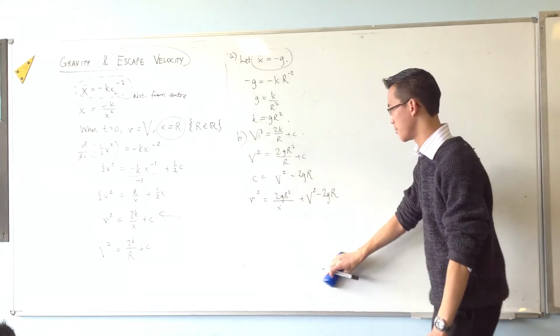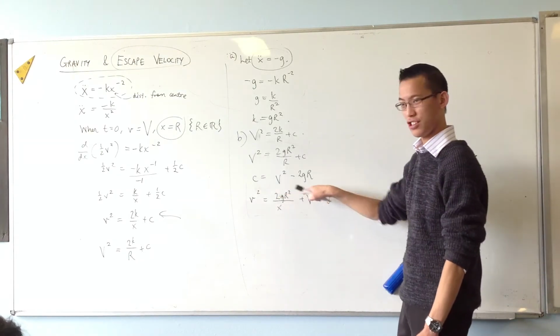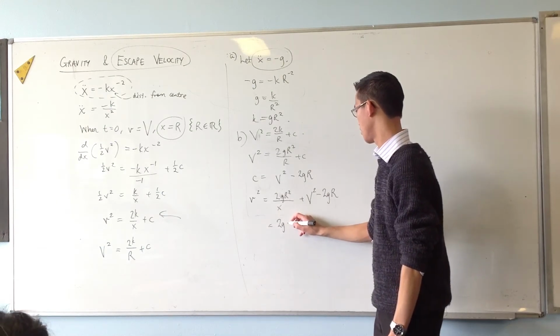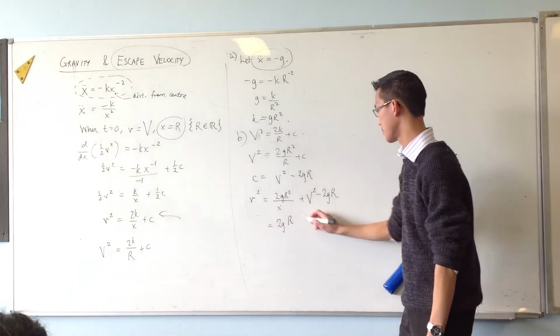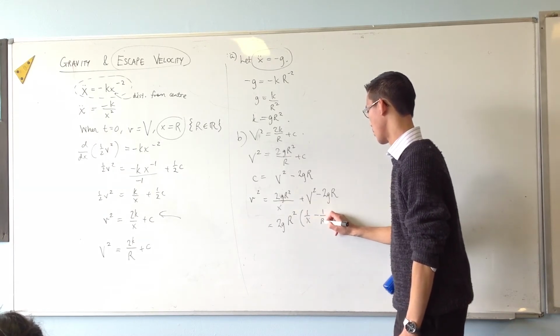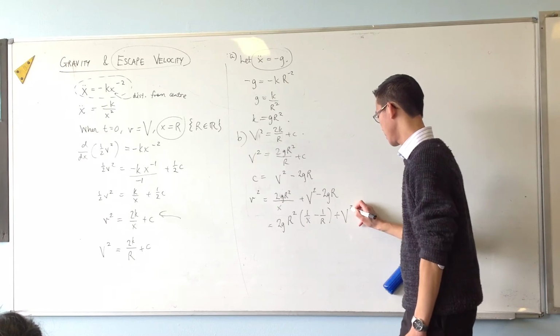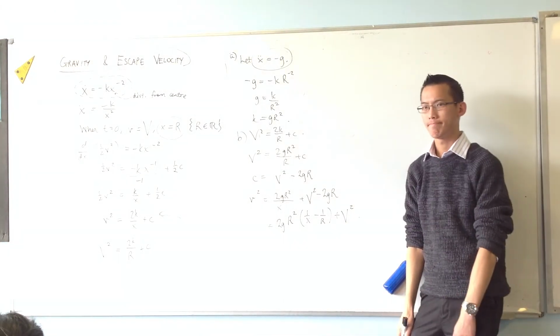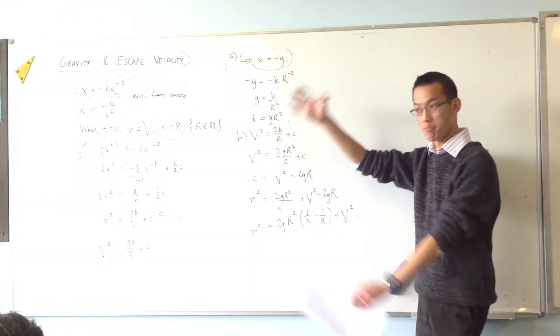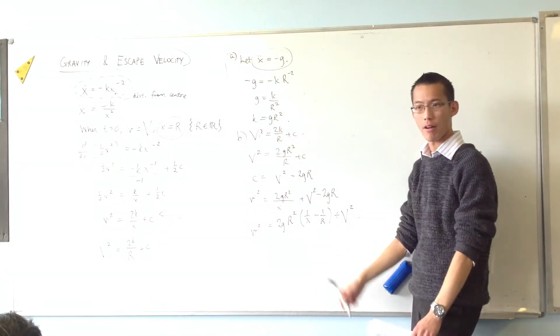It's not a huge amount, but this 2gr and that 2gr squared, if I stick them together, I can do 1 over x minus 1 over r. Now, there's my anywhere velocity, based on where I am.